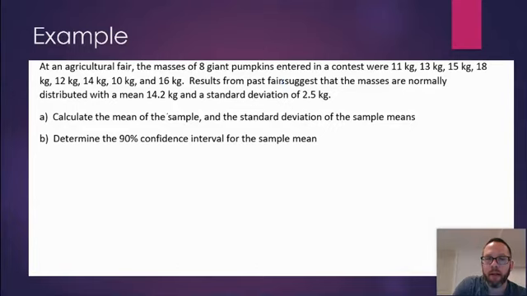Let's find the mean of the samples and the standard deviation of the sample means. Then we'll find a 90% confidence interval for the sample mean, and then we'll have a little conversation about it. So the mean of the samples, we're just adding those up.